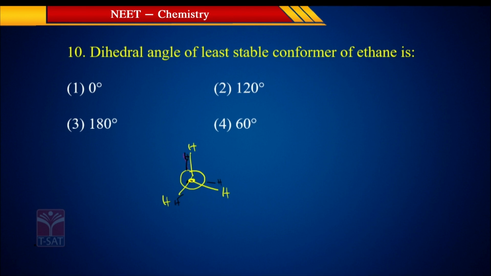The dihedral angle between the hydrogens of the two carbons will be 0 degrees. It is eclipsed, one on the other. So the correct option is eclipsed, and the angle is 0 degrees.